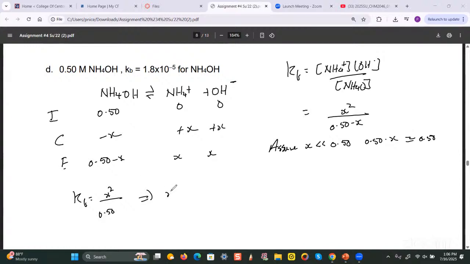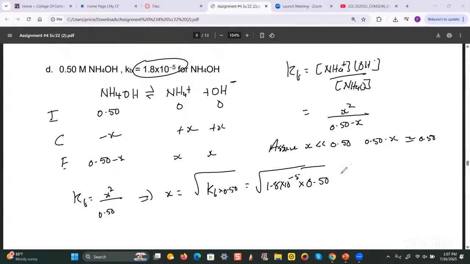So this implies that X is equal to the square root of Kb times 0.50. That's the square root of 1.8 times 10 to the minus 5 times 0.50. Then we do the number crunching and the square root. And again, please correct me if I'm wrong, I got, to 2 sig figs, 3.0 times 10 to the minus 3, right? What's the next step?